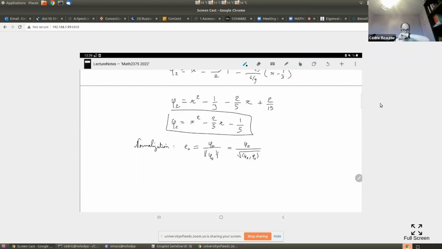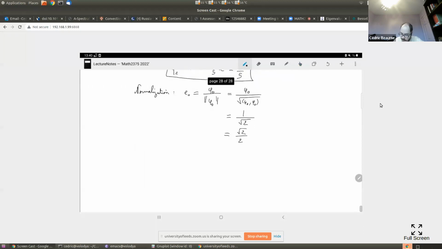If you remember, phi0 was 1, and the inner product was 2, so you take the square root of 2, and that gives you this first function. I don't like to have a square root in the denominator, so I'm multiplying by square root of 2 divided by square root of 2 to get this equivalent. Okay, so that's for E0.